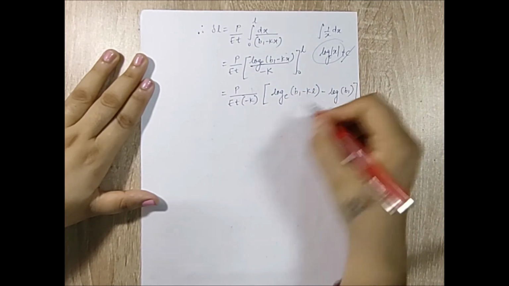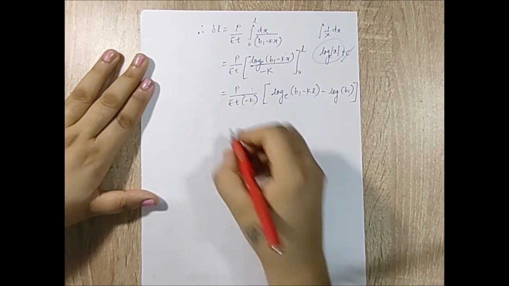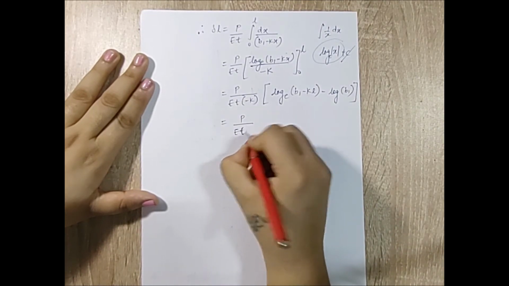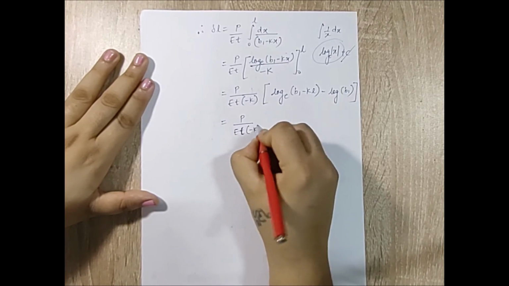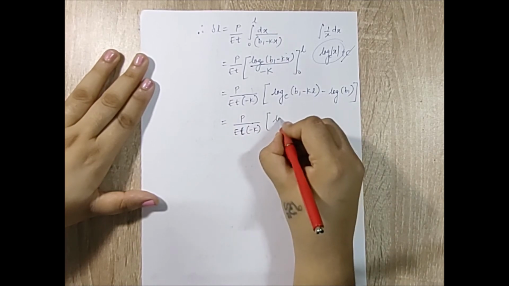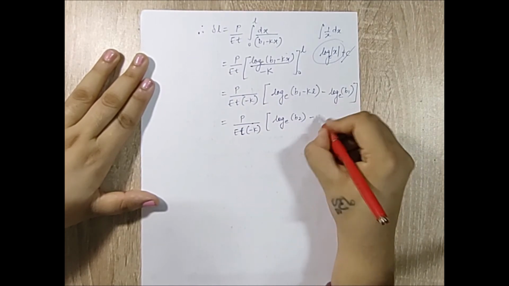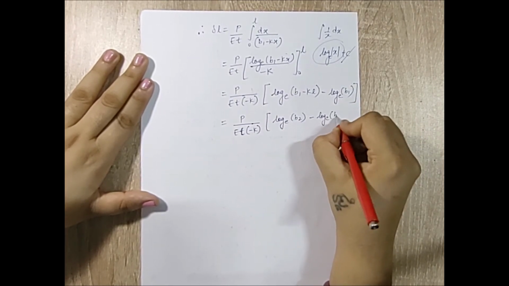Now if you remember, B1 minus KL is B2, so this will be P upon Et into minus k, log to the base e B2 minus log to the base e B1.